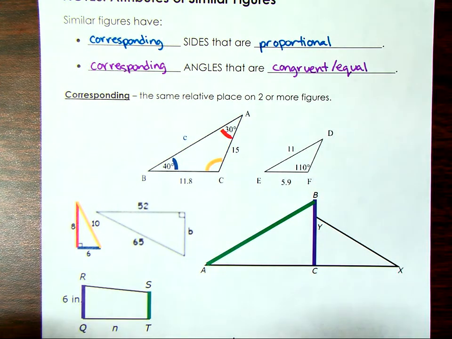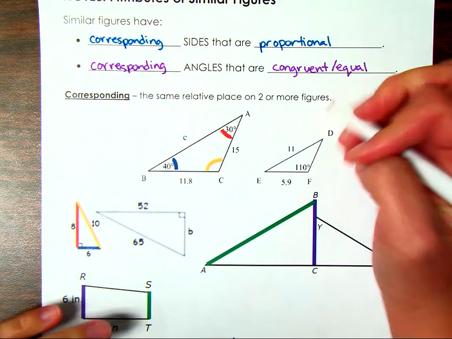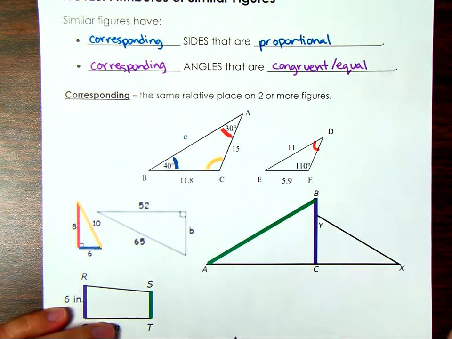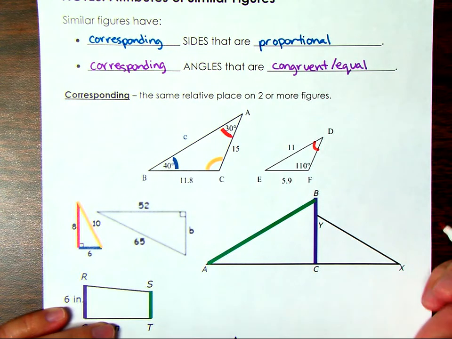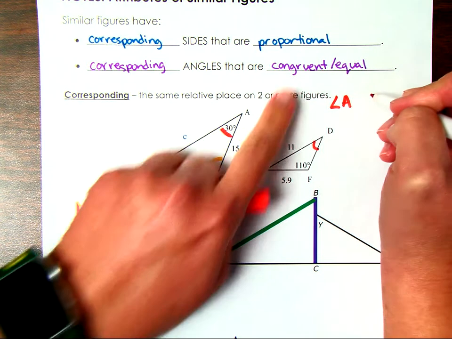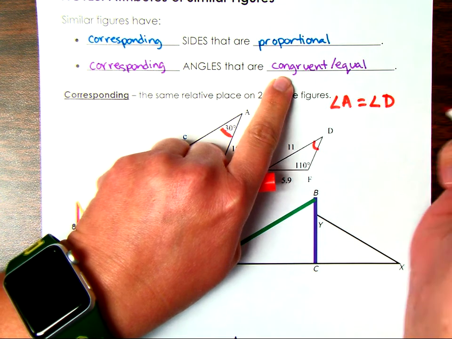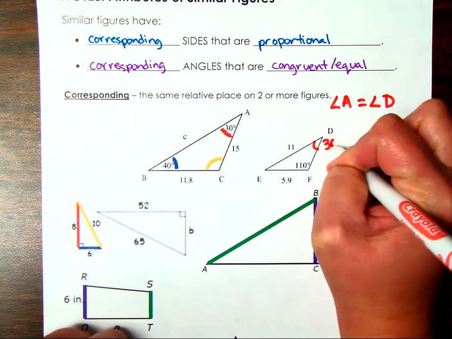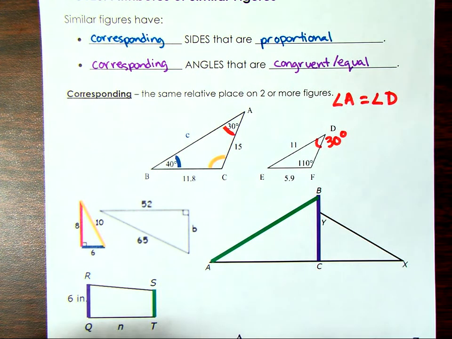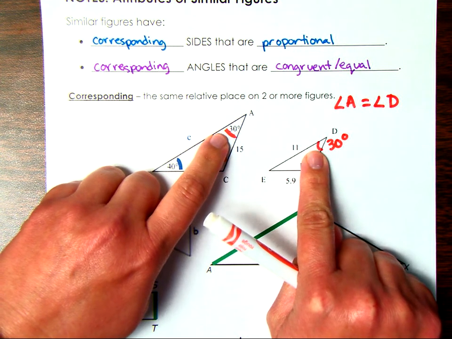So right here, angle A in this bigger triangle is 30 degrees. And in the same relative position right here is angle D. So angle A is going to be congruent, or equal, to angle D. So angle D is also 30 degrees because these are in the same relative position on each of their triangles.